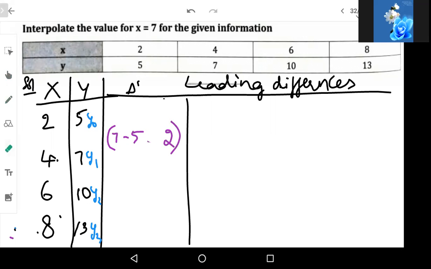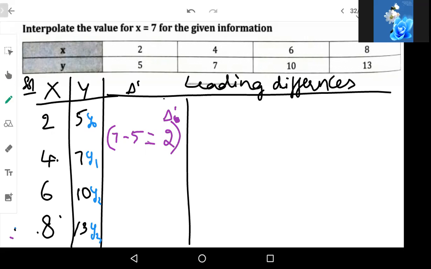This 2 is the first difference, the first leading difference.